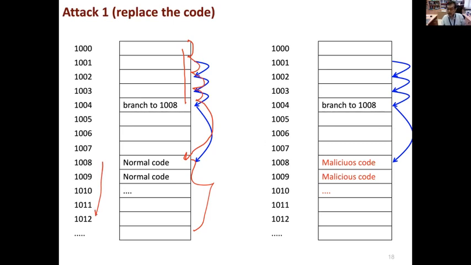So the attacker can inject his code, putting it here. This is more like code injection. So during the execution, the control flow will go from here to here, and then jump to the part where the code is injected by the attacker. This is very easy to understand, but in general it is very difficult for the attacker to execute this, because he has to write quite a big amount of data.